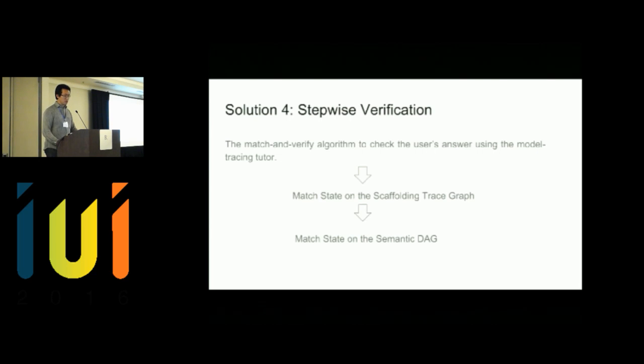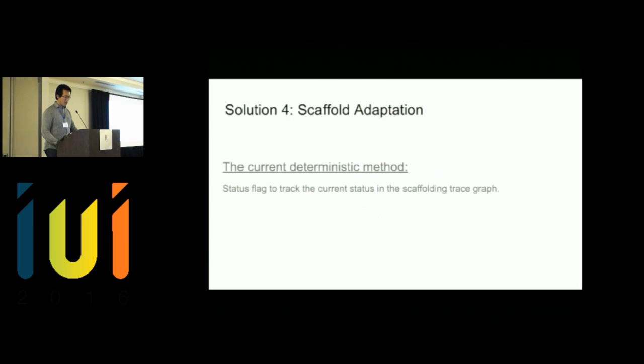Otherwise, we just think that they are wrong. In our current scenario for the scaffolds adaptation, we just use a status flag to track the current status in the scaffold tracing graph. So no matter if the student's input is correct or wrong, the pointer will be updated to track where their cognitive thinking is located.